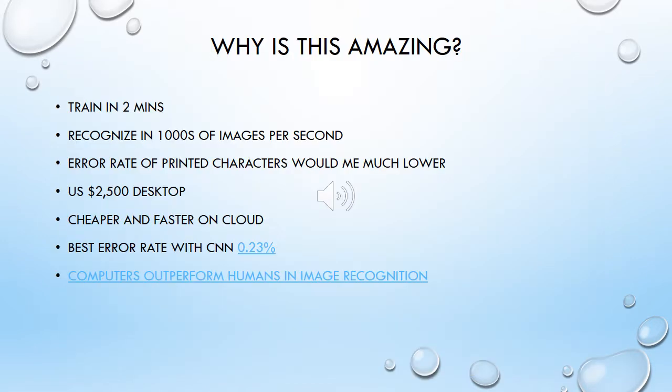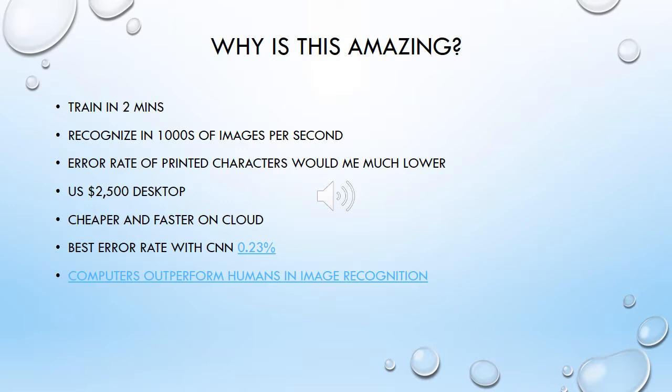Why is this amazing? Well, it's hard to teach kids to recognize handwritten digits. They're not going to learn it in 2 minutes. And even if you take adults and try to help them learn another language, it's going to take a lot more than 2 minutes. That's something to consider.